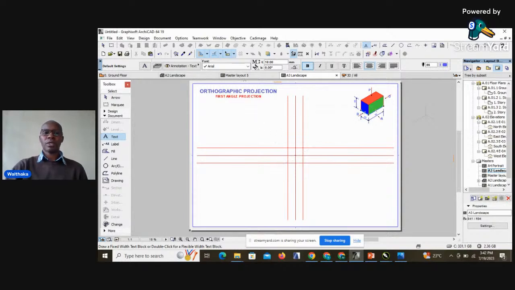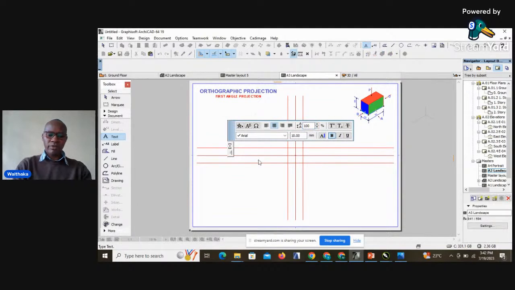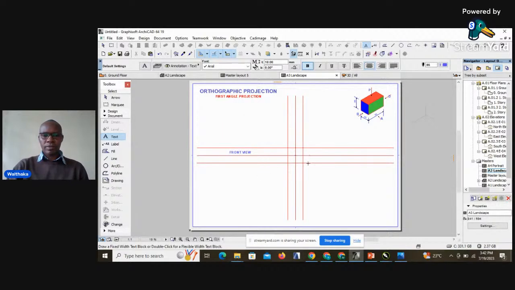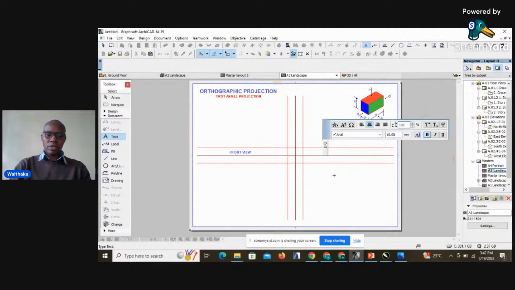So in first angle projection, at this point we'll have our front view there. Then we'll have our side view here, that is coming from the left hand side.